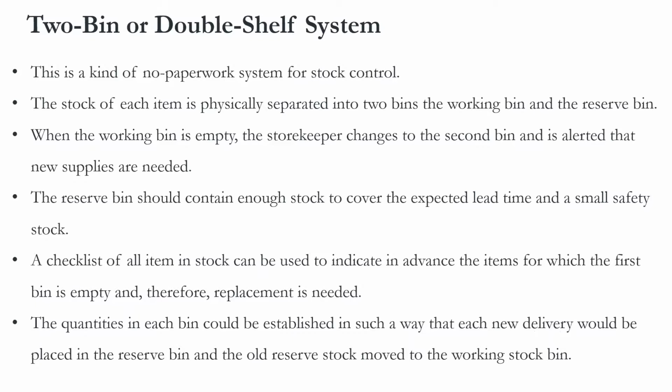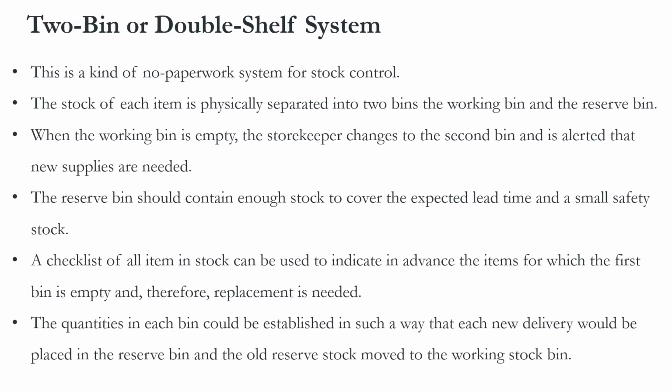So we have to use a double shelf system, a 2-bin system. This is a kind of no-paperwork system of stock control. Stock of each item is physically separated into 2 bins, working bin and reserve bin. When the working bin is empty, the storekeeper changes to the second bin, that is the reserve. Now the reserve bin works as the working bin, and it indicates that new supplies are needed.